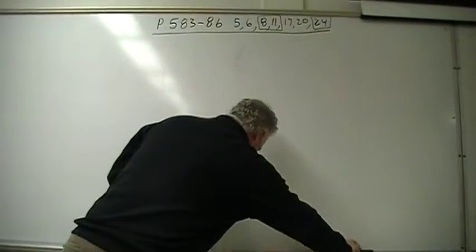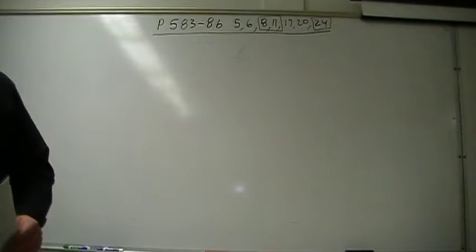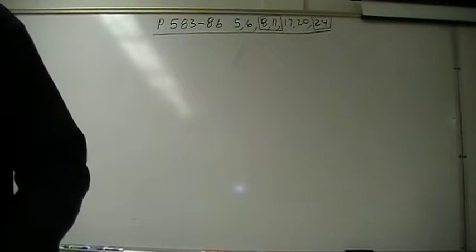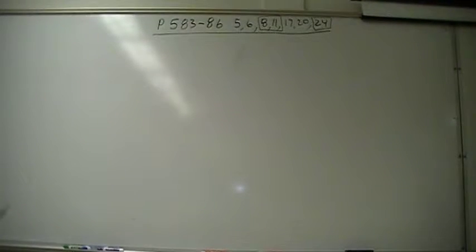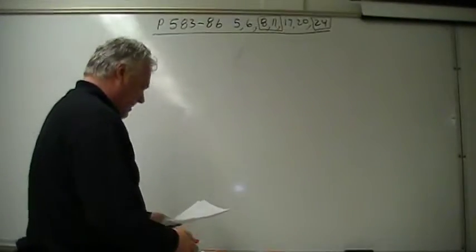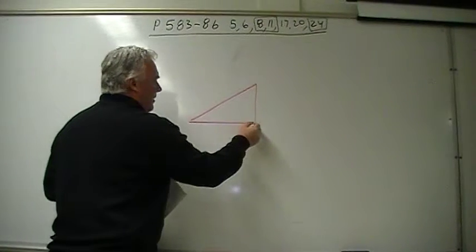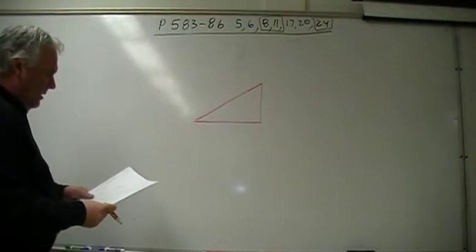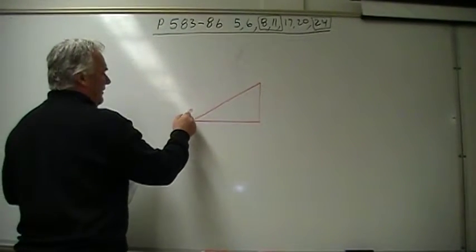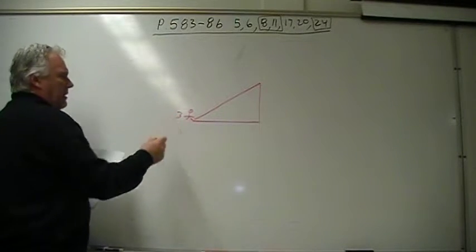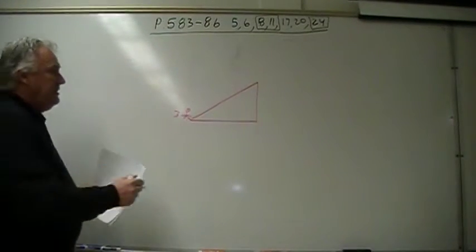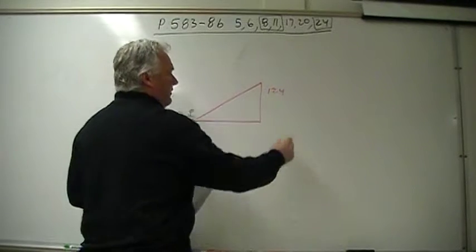Okay, 17. 17's the next one, and 17 talks about photography. To do this one, it's pretty straightforward. We've got a person that's 3 feet up, and this monument is 124 feet tall.